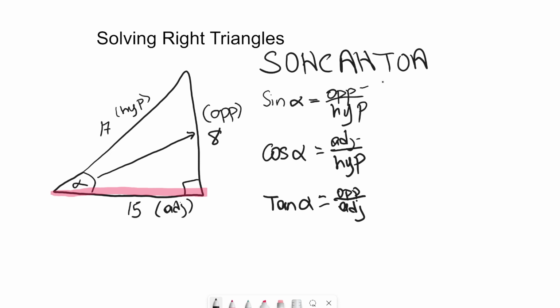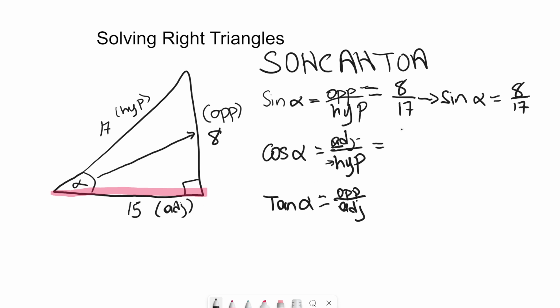Once you've noted all of your different sides, you can just plug in for your ratio. Sine of alpha is going to be your opposite. In this case, the opposite side measures 8 and our hypotenuse is 17, so sine of alpha is 8 over 17. Cosine is adjacent over hypotenuse.